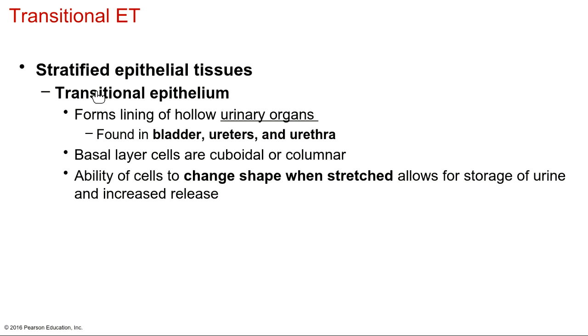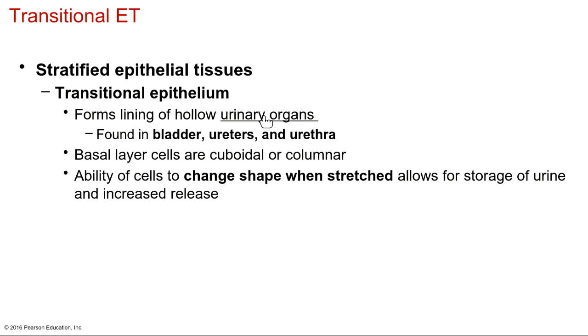The next one is the transitional epithelium, and it is stratified. It's multiple layers. Why do we call it transitional? Because the cells change shape based on whatever the state of that organ or tissue is at any given time, which is why this is really a unique tissue, and it's found pretty much in your urinary organs.